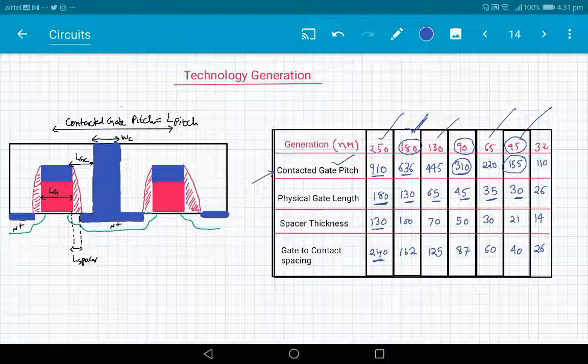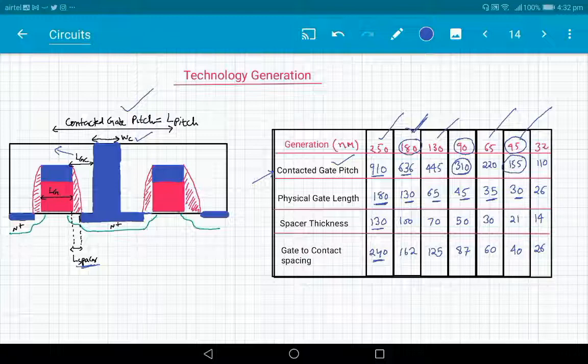So that's the contacted gate pitch. And that depends on several factors that you can see here. It depends on the spacer thickness, on an important parameter called gate to contact, the minimum separation between the gate edge and the source drain contact edge, then the minimum thickness of the contact itself.